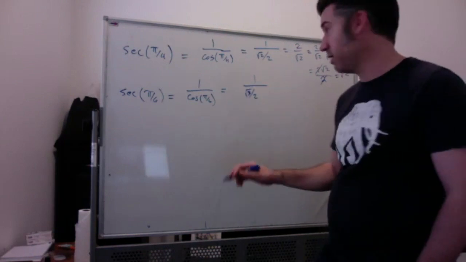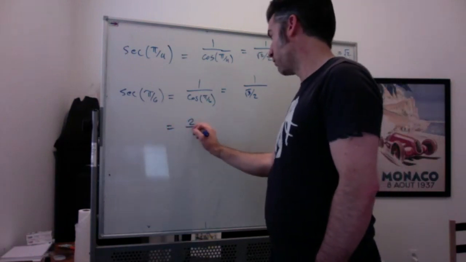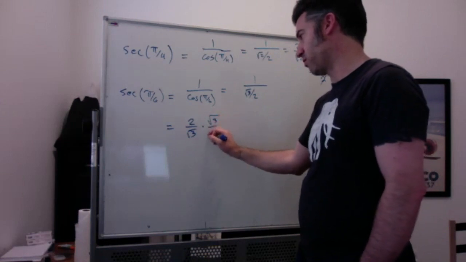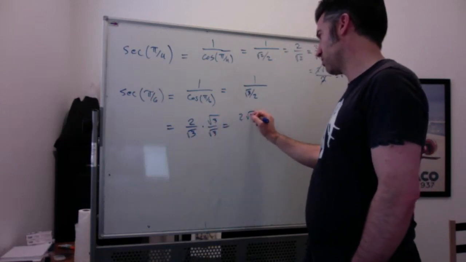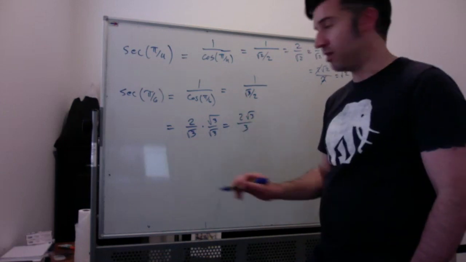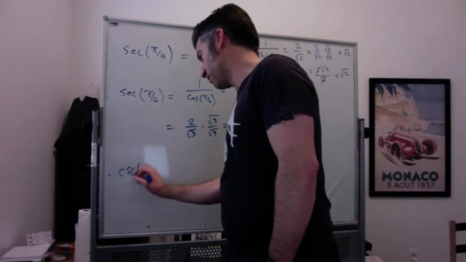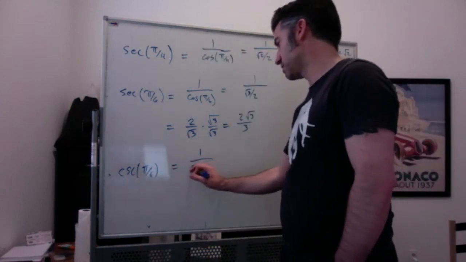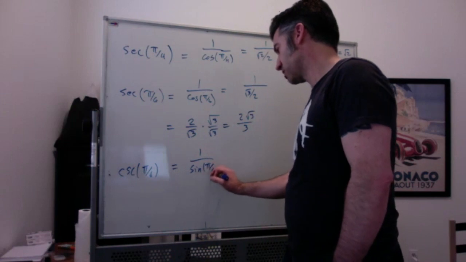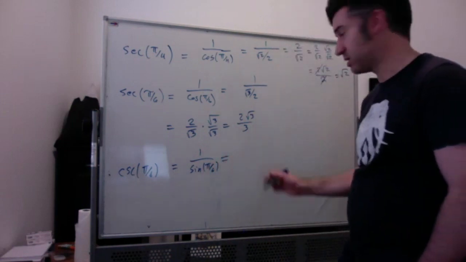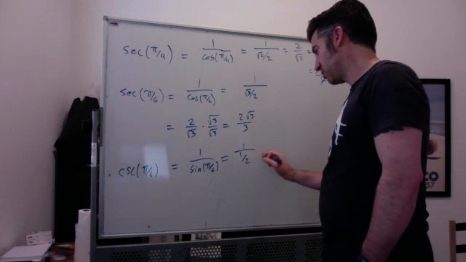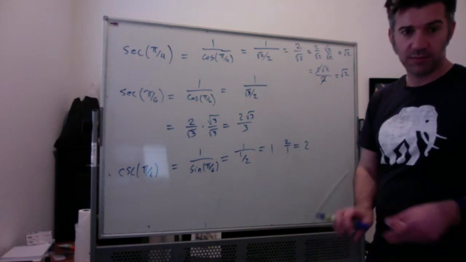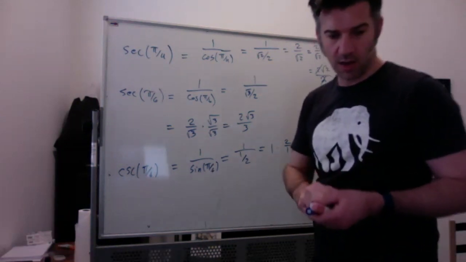You flip and multiply, so we get 2 over root 3. And then we rationalize. We multiply by root 3 over root 3 and get 2 root 3 over 3. And then we can also do cosecant of pi over 6. It's going to be a little bit easier. That's going to be 1 over sine of pi over 6. Sine of pi over 6 is 1/2. 1 divided by 1/2 is 1 times 2 over 1, which is just 2.